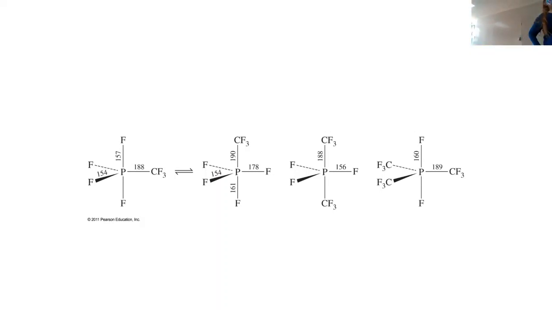It's just the different positions. Okay. Yeah, so because the CF3 group is bigger than the fluorine group, if there's just two of them, they're going to get farther away from each other. But if there's three of them, then they're going to go on the equatorial position, so they can still be far away from each other and not have that 90-degree angle between the two of them.